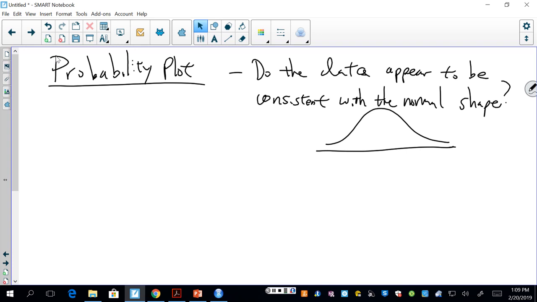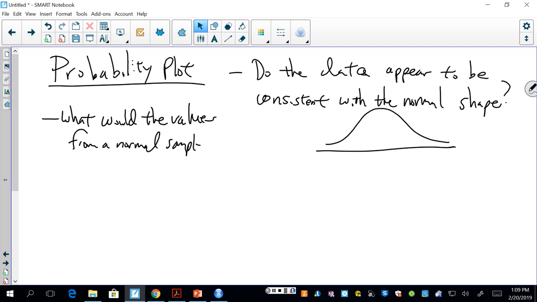So this kind of brings up the question, what would the values from a normal sample look like? So if you had a bunch of values that did come from a normal, the histogram should look like that.